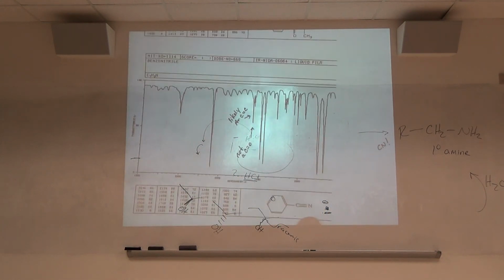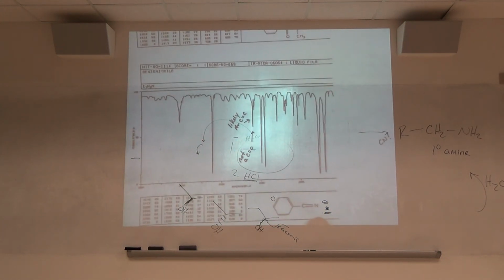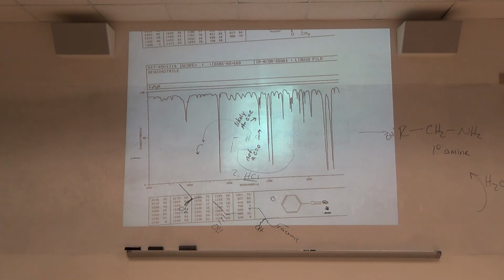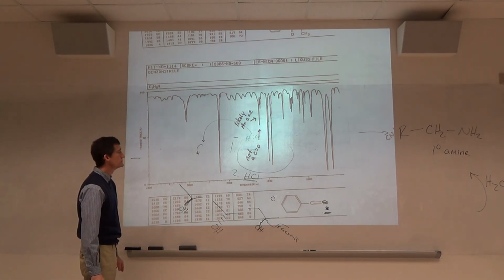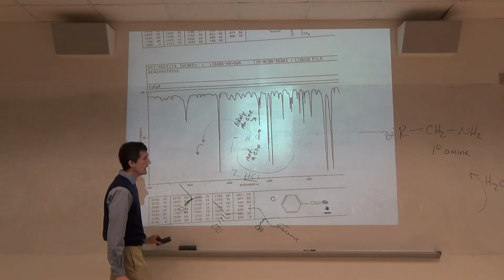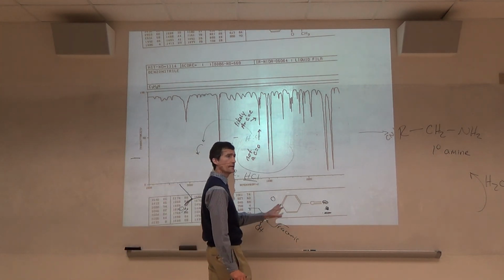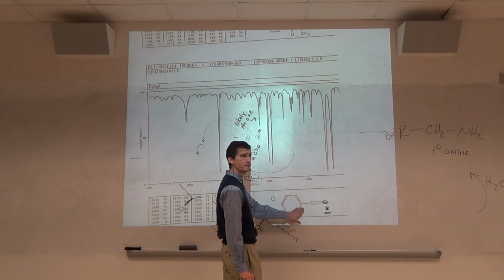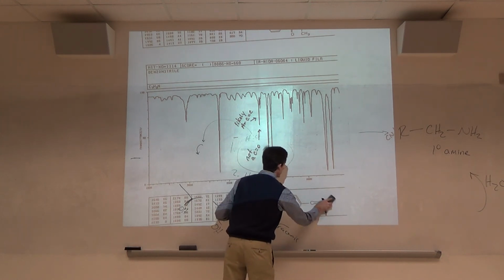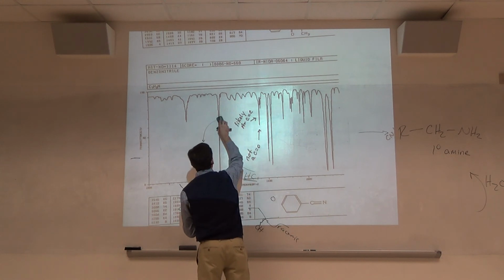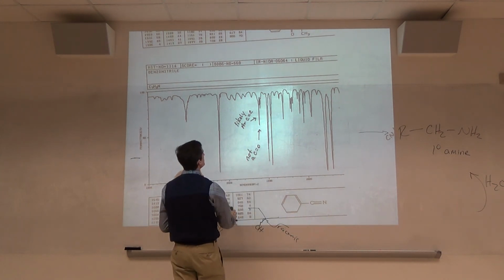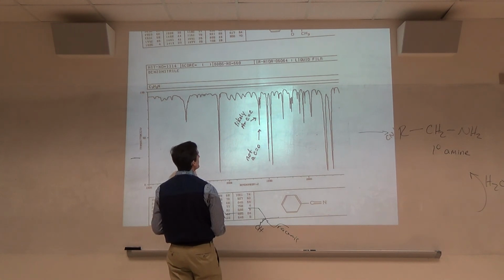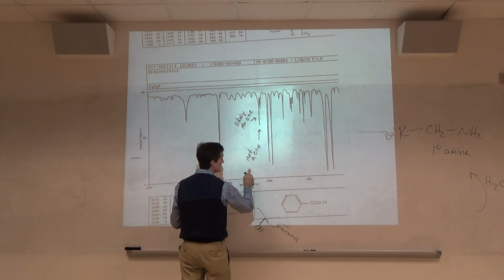So how do we know it's C double bond O and not a CN? Yeah, I mean, CN and not C double bond O. Well, there's no carbonyl.